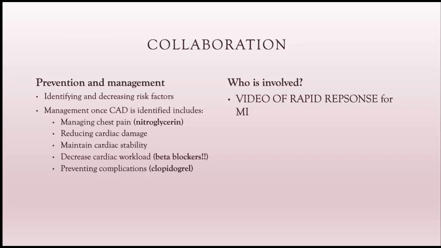Okay, because we need emergent, immediate action if a client is having chest pain. We think they're having an MI, especially if we do that EKG and we see an ST elevated MI on the EKG. We need to get a rapid response going so that we can get that patient to the cath lab and get reperfusion to that heart muscle. So there is a lot of collaboration in managing that emergent situation. I will get a video that we can watch in class of that rapid response.